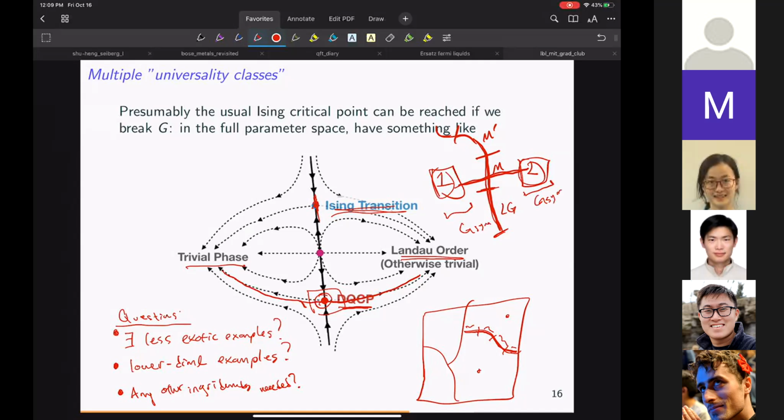In this example, G is some flavor symmetry for these fermions, right? But certainly it shouldn't depend on what G is. This phase diagram doesn't depend on what the actual group G really is. G is not doing anything anywhere.